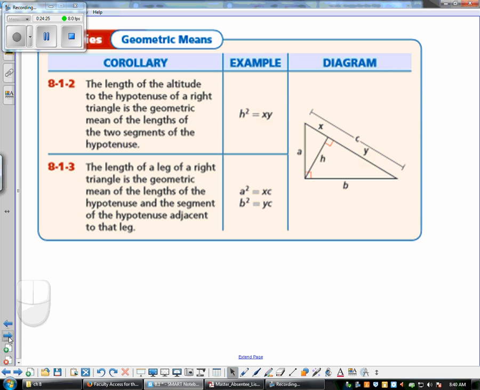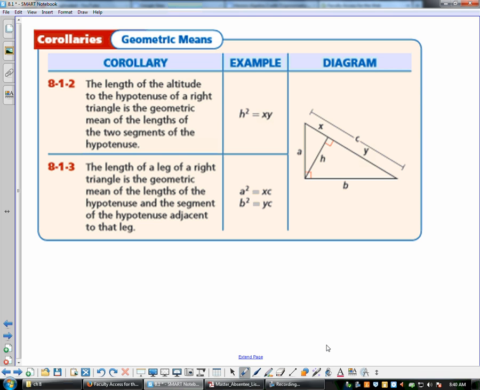So that is stated here in these corollaries, the geometric mean corollaries. The length of the altitude to the hypotenuse of a right triangle is the geometric mean of the lengths of the two segments of the hypotenuse. They're talking about this segment right here. That is the altitude to the hypotenuse.